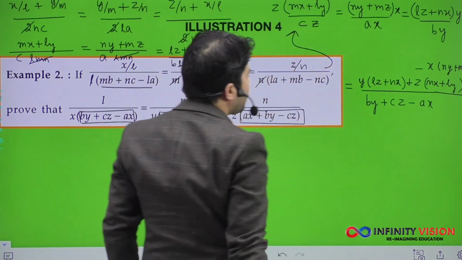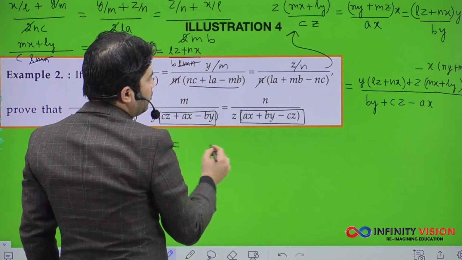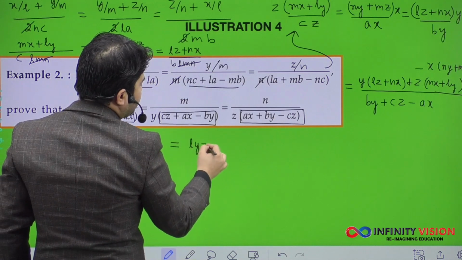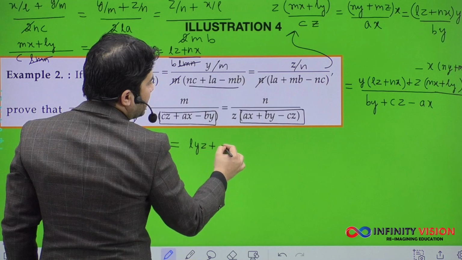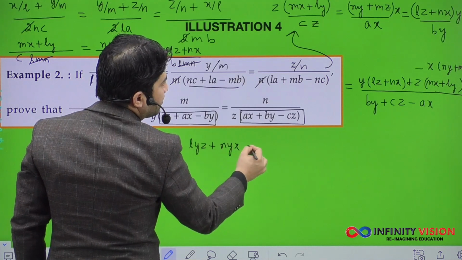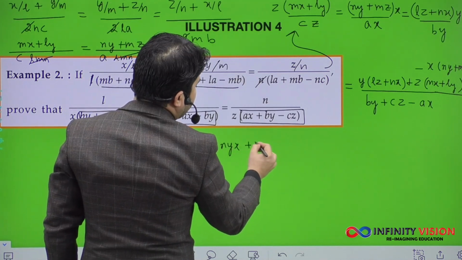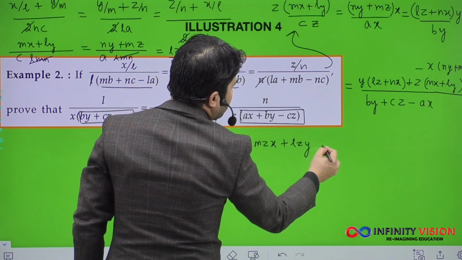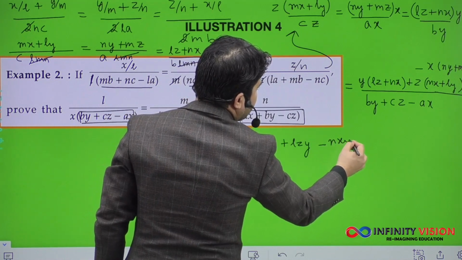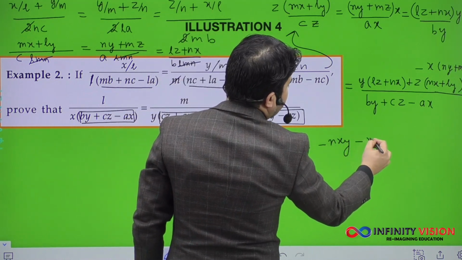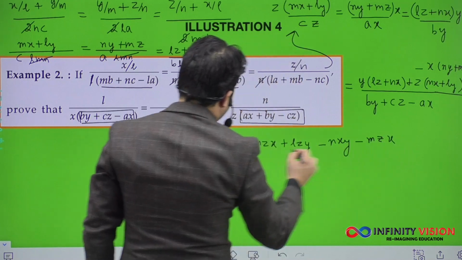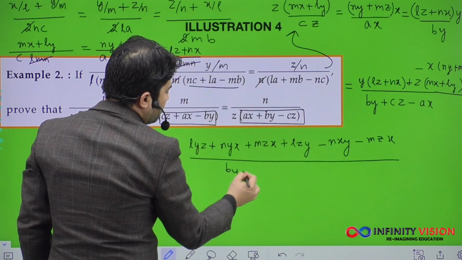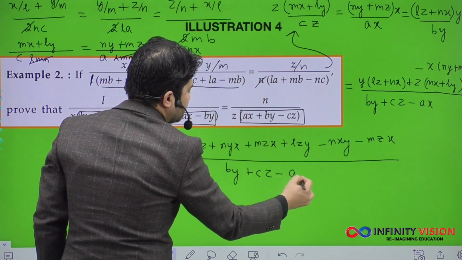Let's see what I got. I'll just open up my numerator. The numerator would be Lyz plus Nyx plus Mzx plus Lzy minus Nxy minus Mzx, divided by by plus cz minus ax.